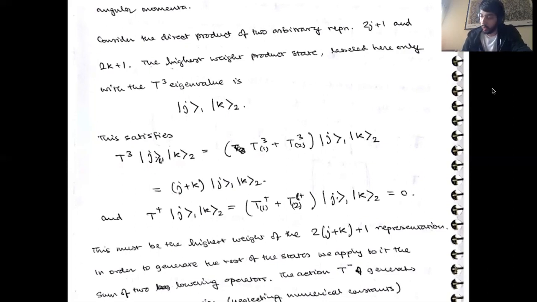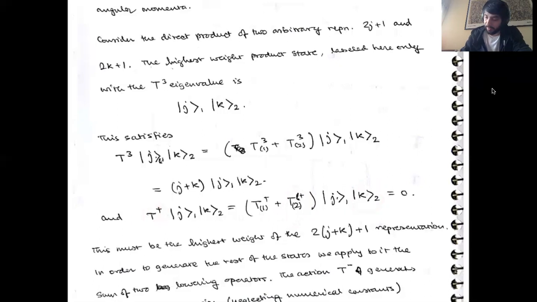Similarly, if you act T plus on this, since this is the highest weight state, it again breaks into T plus 1 and T plus 2. T plus 1 is going to act on J1, and T plus 2 is going to act on K2. Individually these are going to give you 0. So the highest weight state is annihilated by T plus acting on the whole thing.